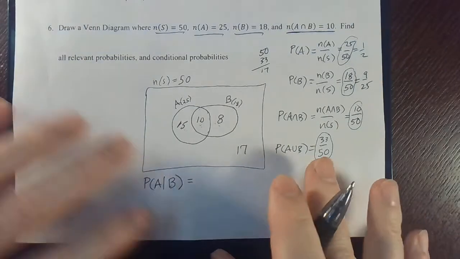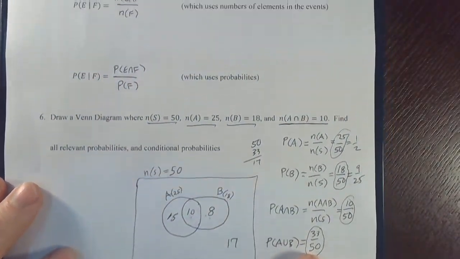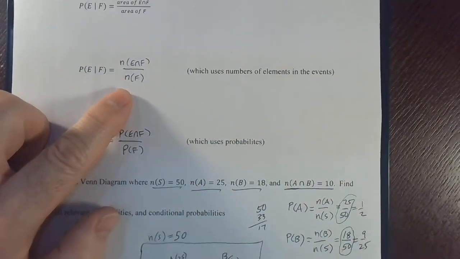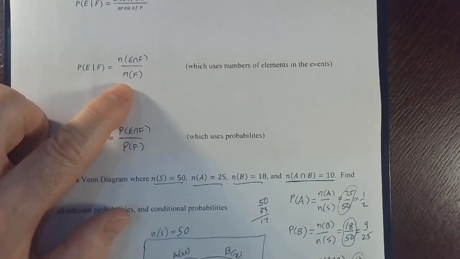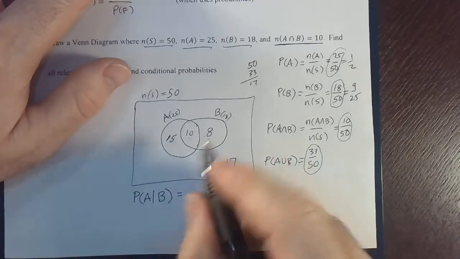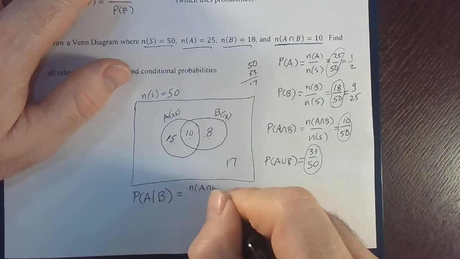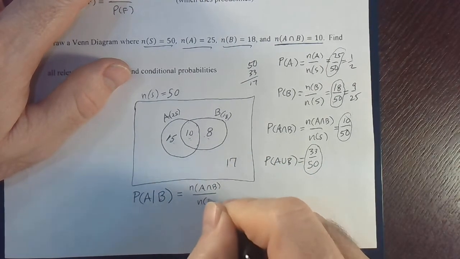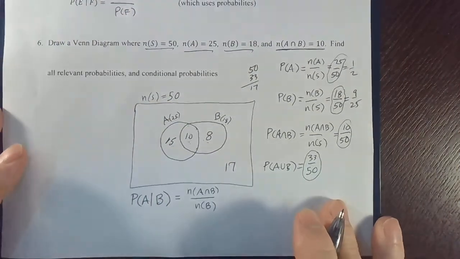Well, by our definition up here, we'll use this one since we're dealing with numbers and not probabilities inside the Venn diagram. It's going to be the number of elements in A intersection B over the number of elements in B. And that's really simple to see.